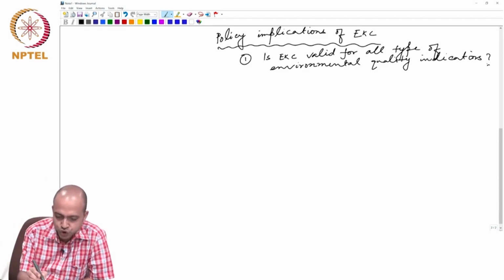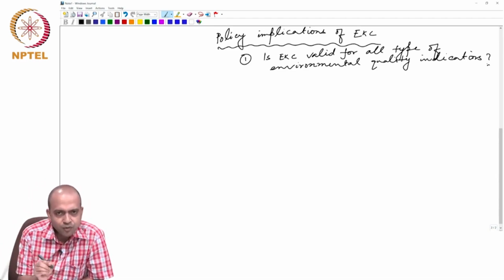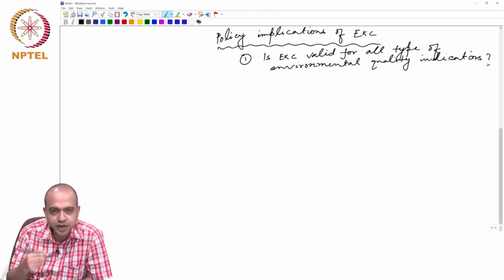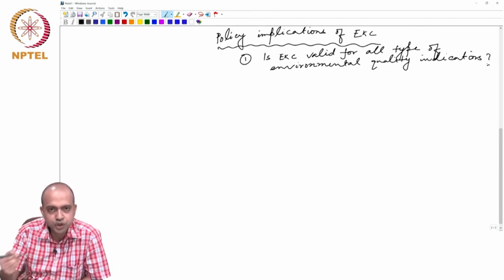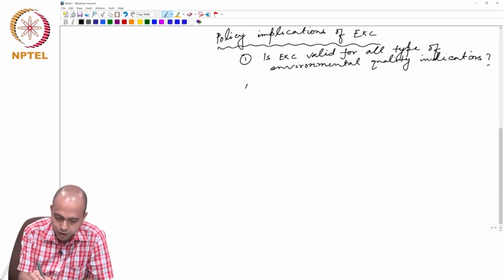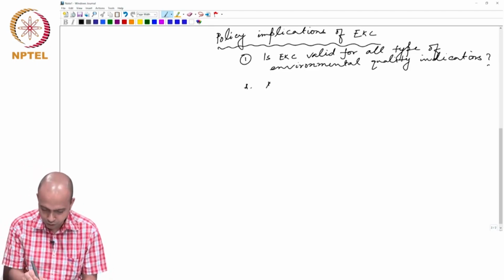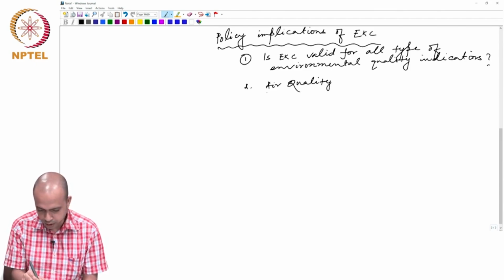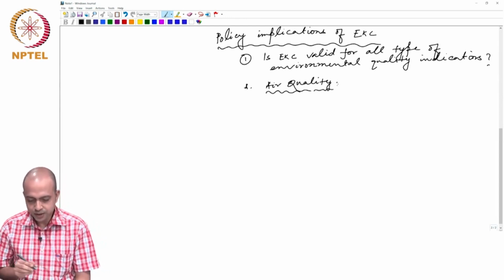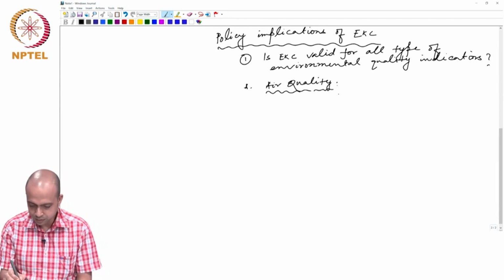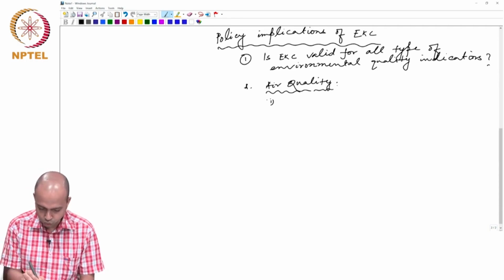To answer this question, we need to understand what are the different types of indicators that are used in the empirical literature for measuring environmental quality. First of all, the first indicator is air quality. And this air quality is again divided into two.